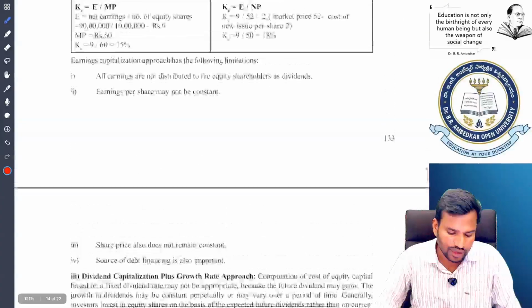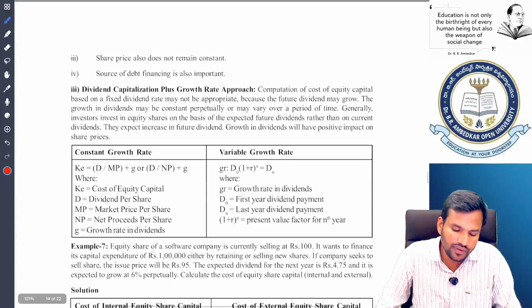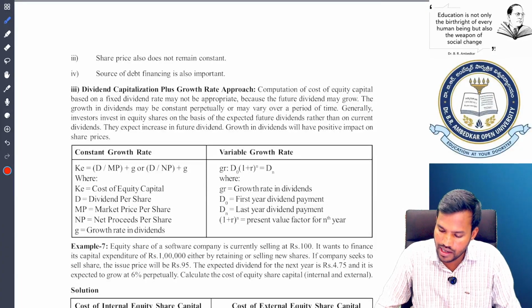And next, dividend capitalization and growth model, the growth rate approach.